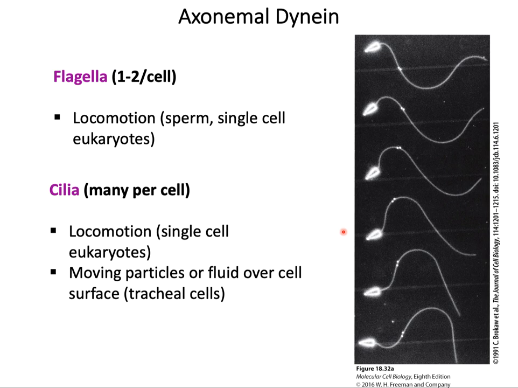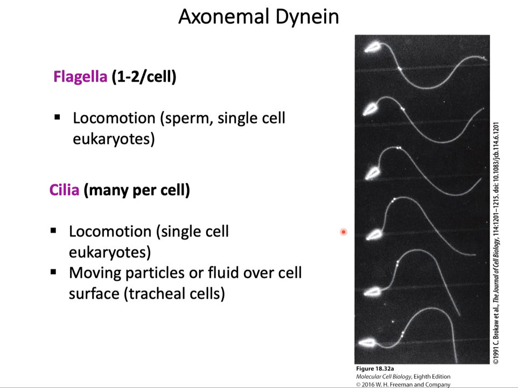But in other types of cells, like epithelial cells of the trachea, cilia are used for moving particles or fluid over the cell surface. So you can get constant beating of cilia on these tracheal cells to move fluids and particles across them.